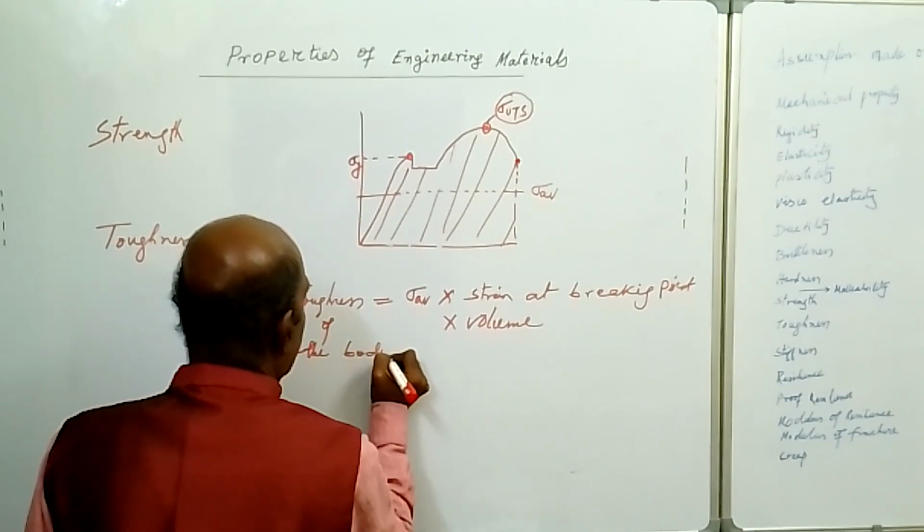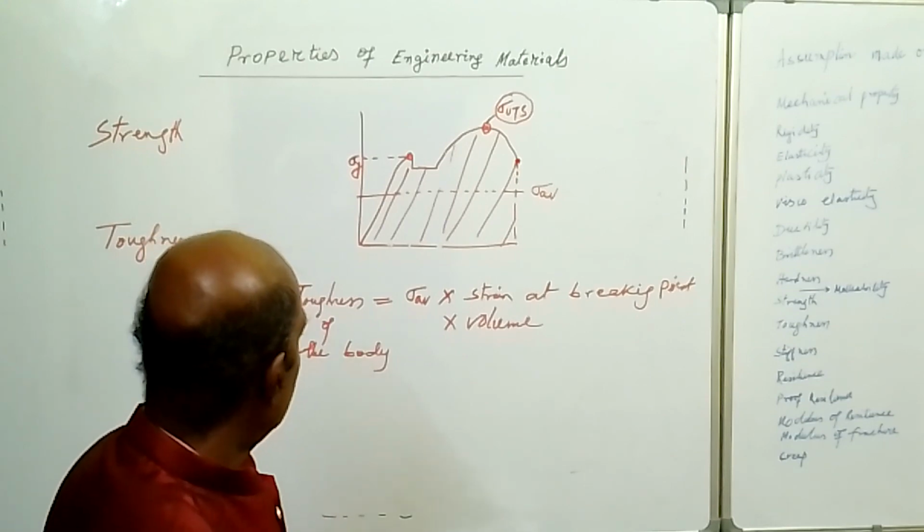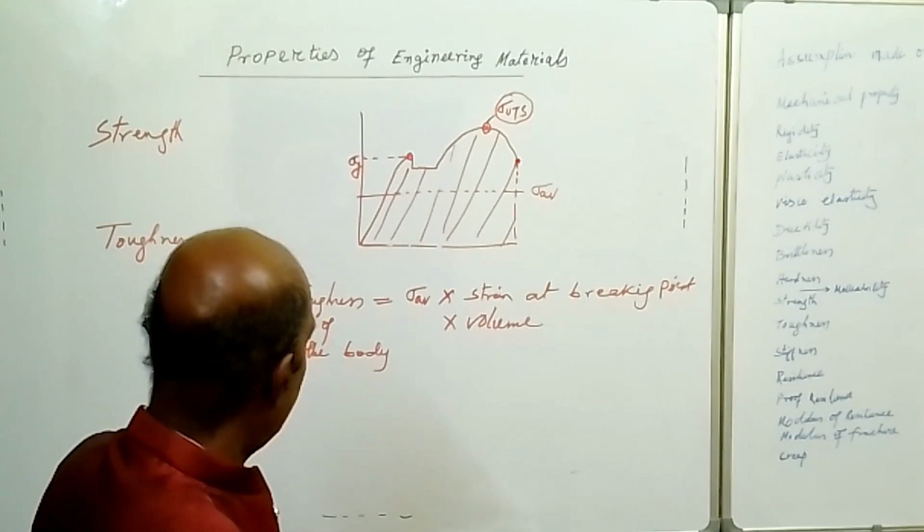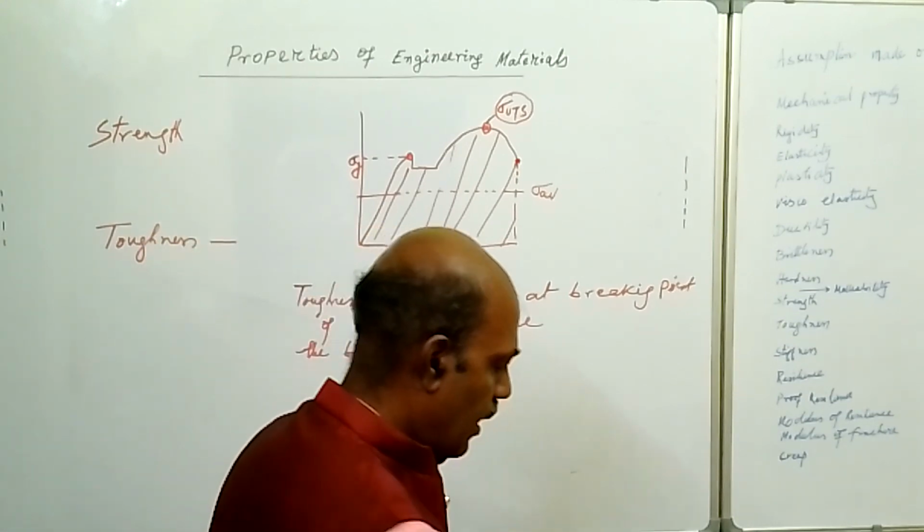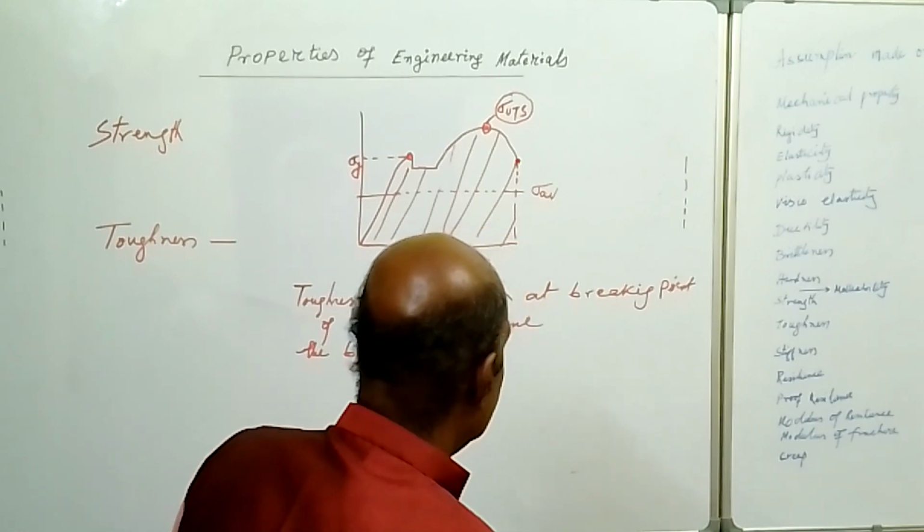So toughness of the body is given by sigma average into strain at breaking point into volume of the body.